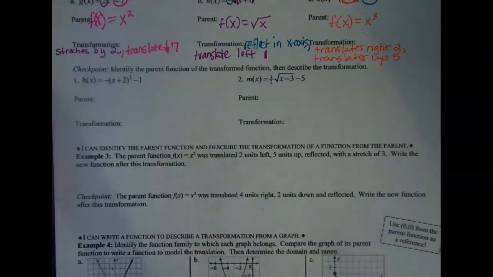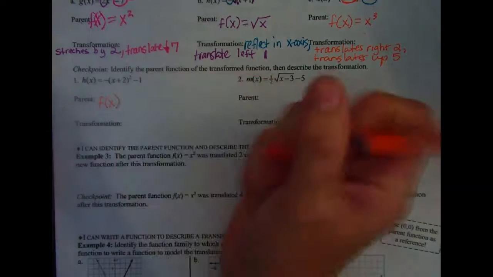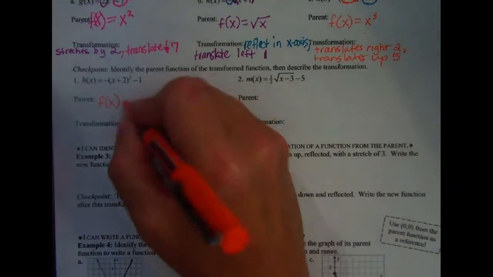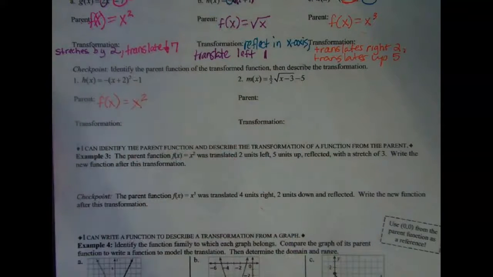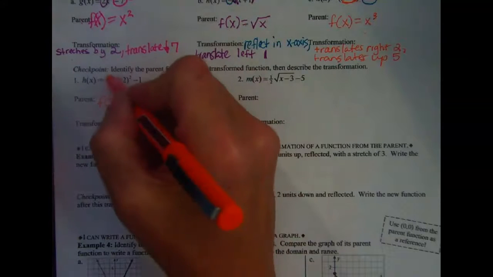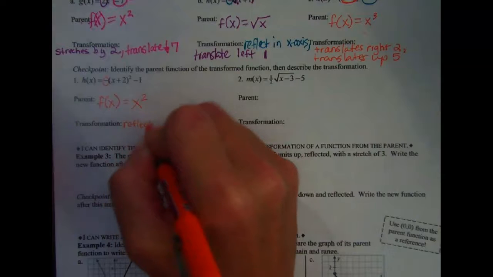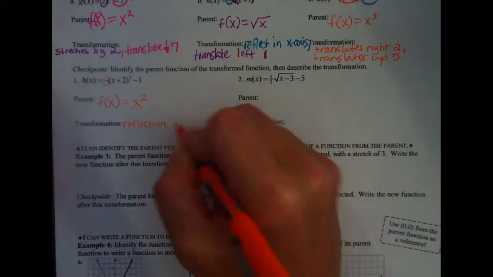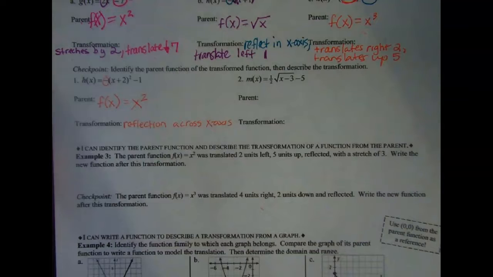Okay, so doing this one, for the first one, you should have had the parent function being f of x equals just x squared. We saw the square, so we put the square. And then your transformations, you should have got that we have this negative out front, so that means it's a reflection across x-axis.